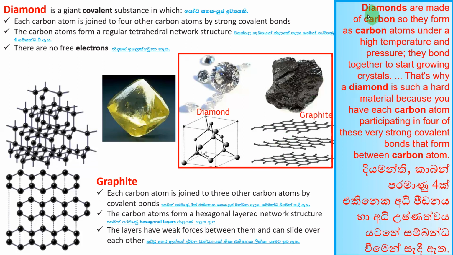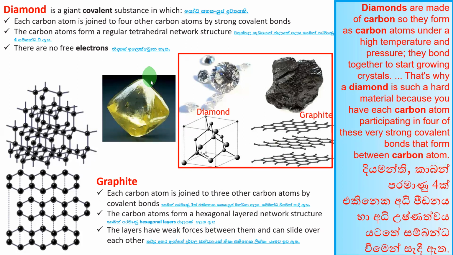Okay. Now here, diamonds are made of carbon, so they form as carbon atoms under high temperature and pressure. They bond together to start growing crystals. It is this crystal. That's why a diamond is such a hard material, because each carbon atom participates in 4 of these very strong covalent bonds that form between carbon atoms.